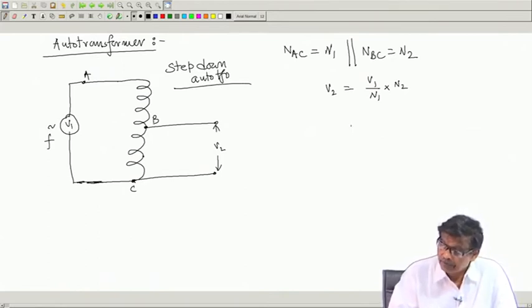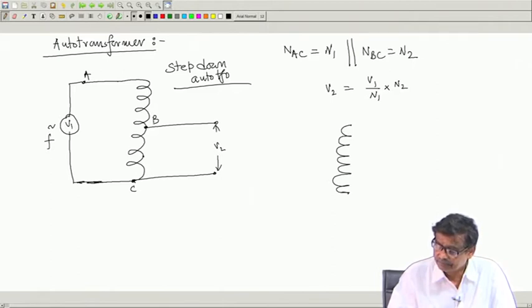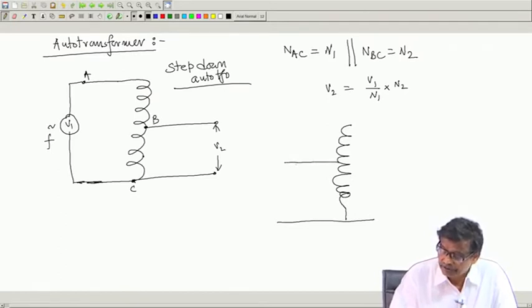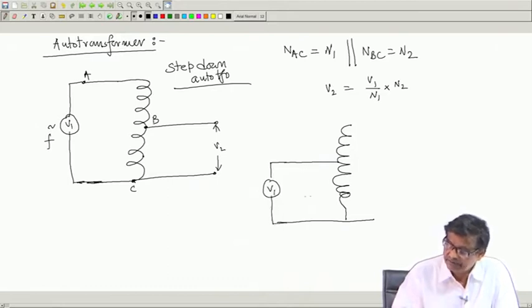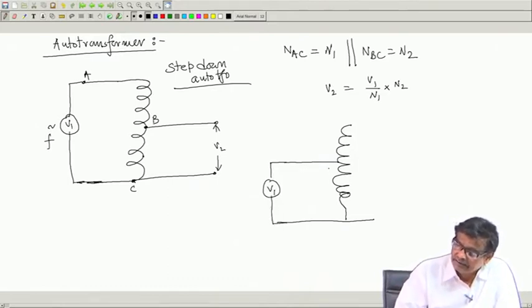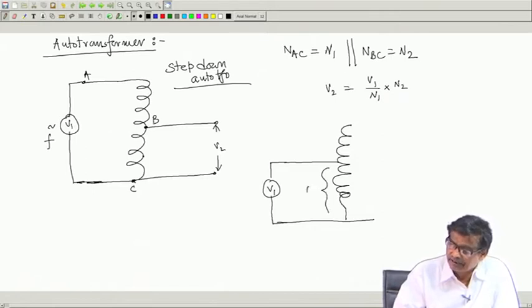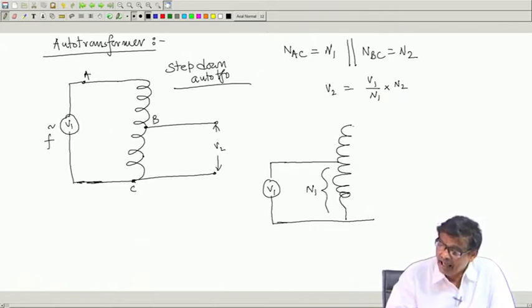A step up auto transformer will look like this. You give the input voltage V1 here; this is your N1. And from here you will take the output.